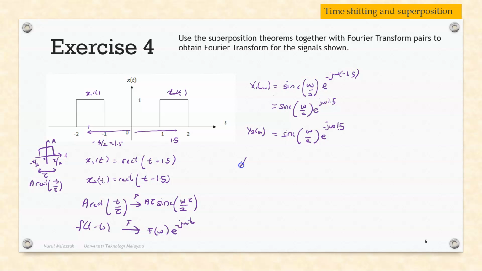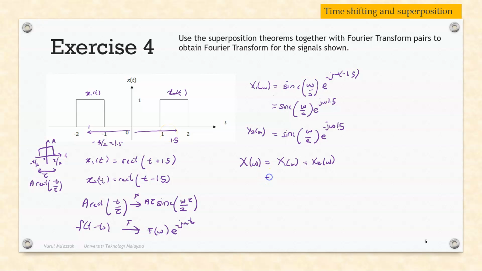Okay, so from here we can get X(omega) equal to X1(omega) plus X2(omega). So this is the superposition theorem, where you can get the individual Fourier transform for each rectangle, then add them together.